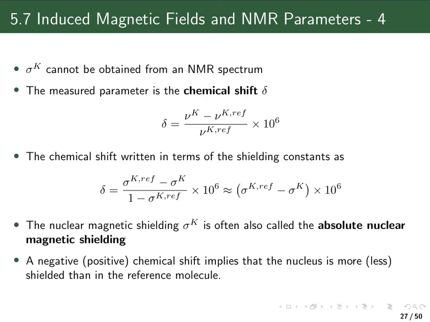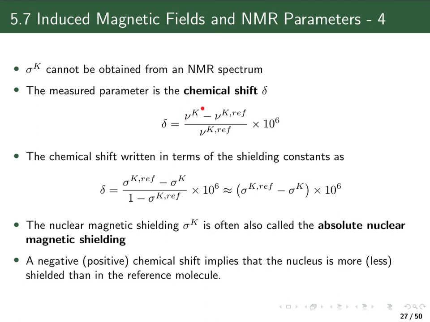So what one does is define the chemical shift, which is the relative resonance frequency. One takes the resonance frequency of the nucleus in which we're interested and subtracts the resonance frequency measured in the same experiment for some reference molecule, divides by the one for the reference molecule, and then multiplies it by 1,000,000. And that's the chemical shift.